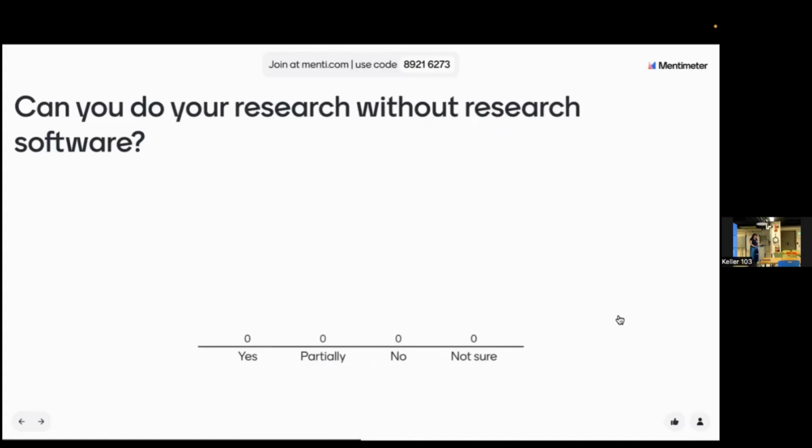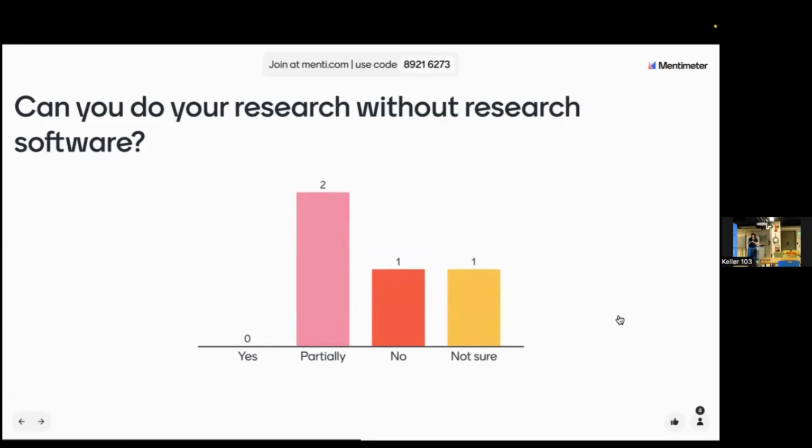Can you do your research without research software? So this is really for the researchers who say, okay, I have to develop my own, but you know, yes, partially or no, not sure. I'm in a different role. So partially, okay.